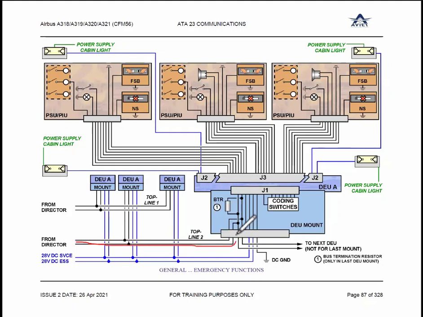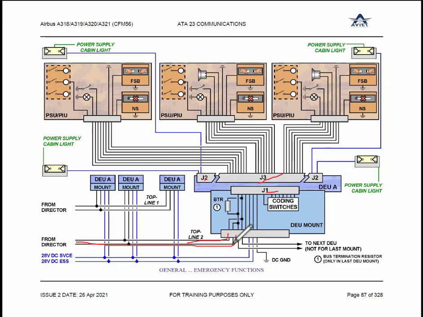So these are the two communication wires coming. This is the complete mounting plate of the DUA. And the DUA is installed on this plate. It has multiple connectors, J2, J3, J1, many connectors are there.